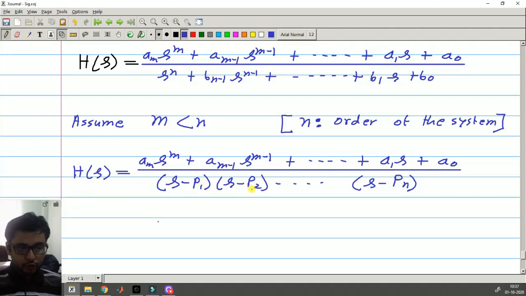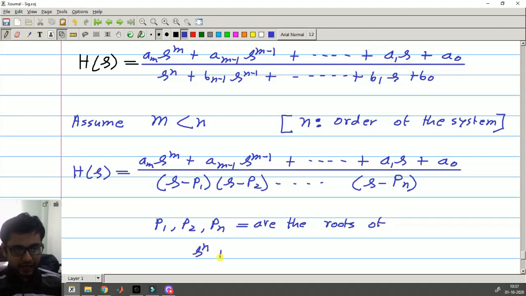These values p1, p2, pn are the roots of the equation s^n plus b_(n-1) s^(n-1) plus dot dot dot plus b1 s plus b0 equal to 0. This is the denominator polynomial.